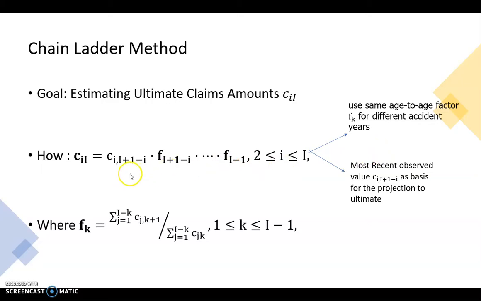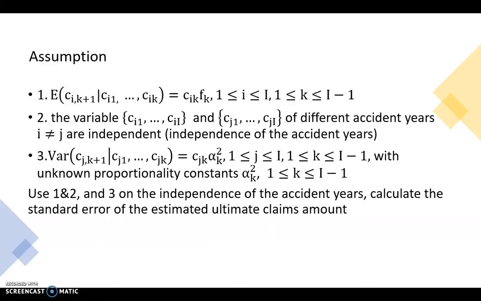The only C here is the most recent observed value. We treat it as the basis for the projection to the ultimate amount. Here is the formula of how the H to H factors are calculated.